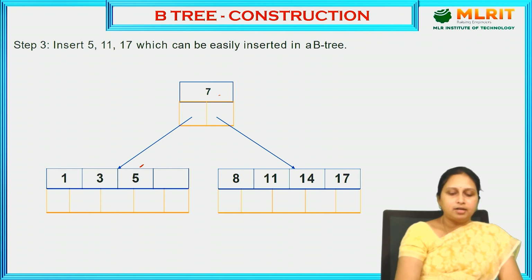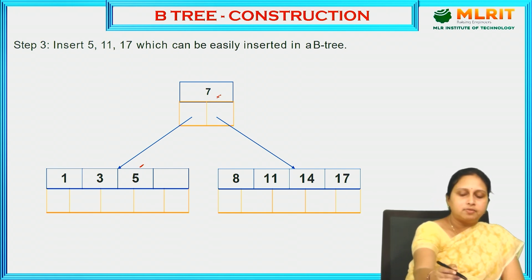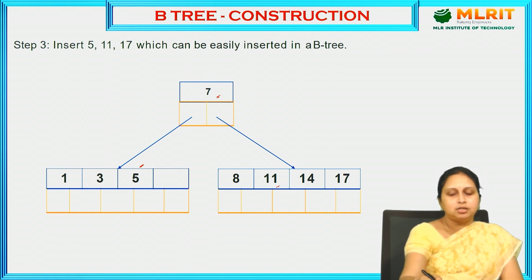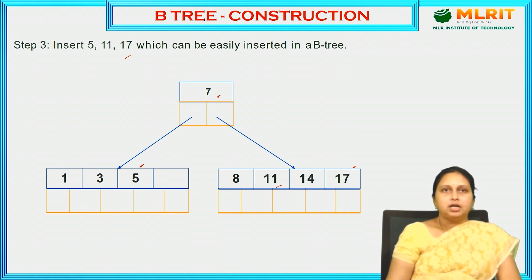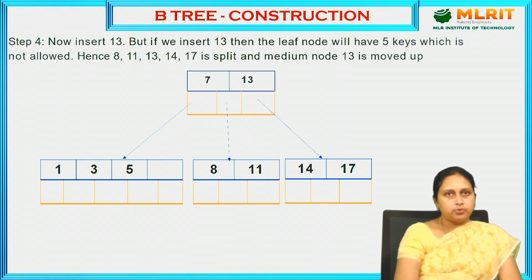Next we have 11. 11 is greater than 7, so we insert it on the right, but in between 8 and 14, we need to place it in sorted order. Next we have 17. 17 is going to be placed on the right of 7, because 17 is greater than 7. Done.